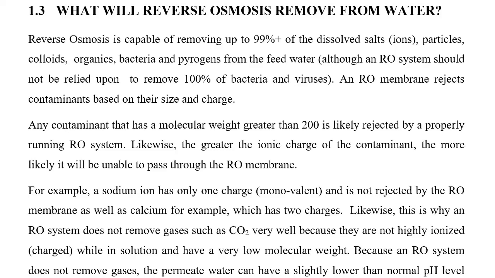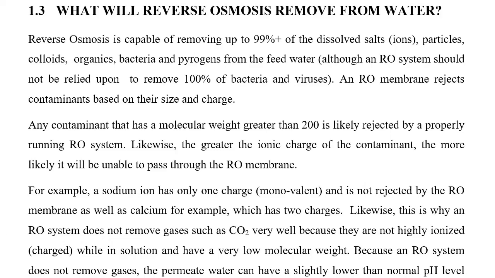And that is why gases like carbon dioxide, since it has very little charge, easily pass through the membrane. While it is in solution, it has less charge, so it will easily pass through the membrane, and when it mixes with the water, carbonic acid will be formed.